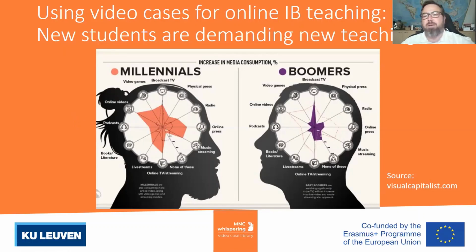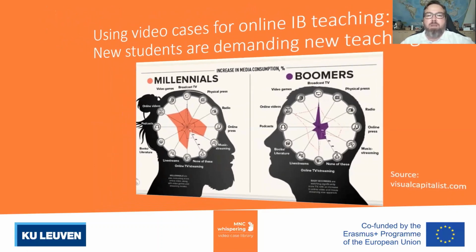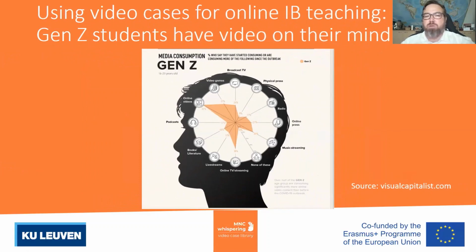So they are very much video and multimedia oriented. This is even more pronounced when we look at the new generation of Gen Z students, who are very much focused on online videos. They adore all the video apps that exist, and also do not like, for instance, reading and more audio related usage of material.